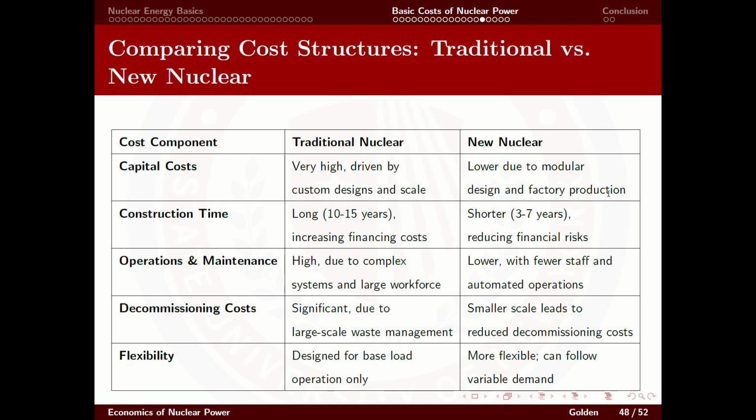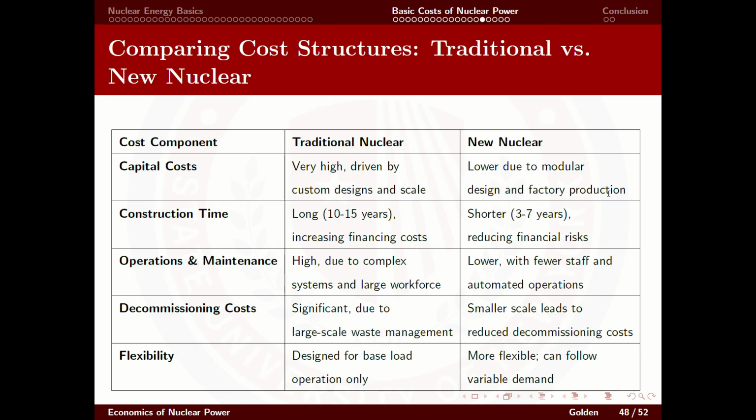And then decommissioning costs are significant for traditional nuclear due to large-scale waste management. New nuclear is smaller, which leads to reduced decommissioning costs. A lot of these are molten salt reactors, or potentially will be, so there'll be lower decommissioning costs. And traditional nuclear is designed for base load operation only, whereas new nuclear can maybe follow variable demand.